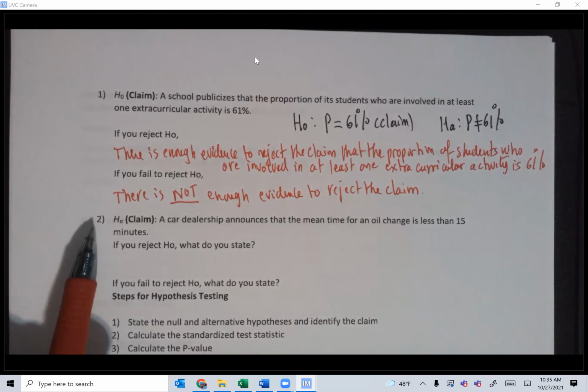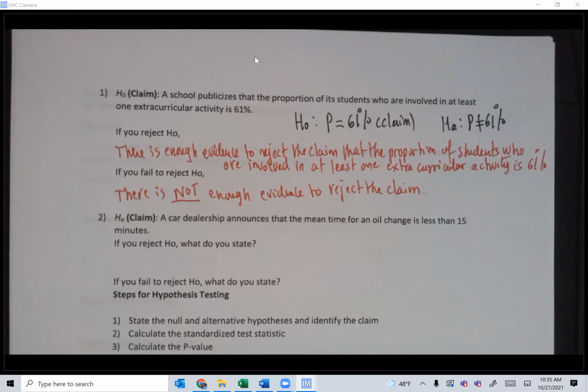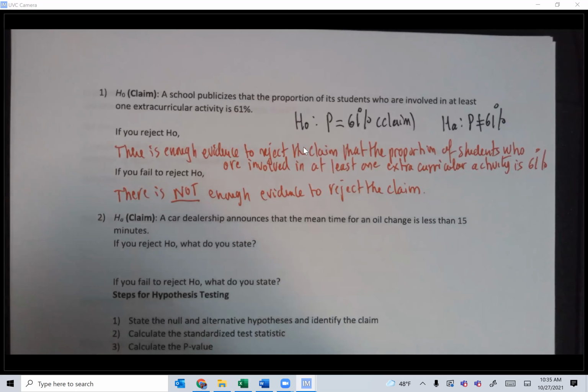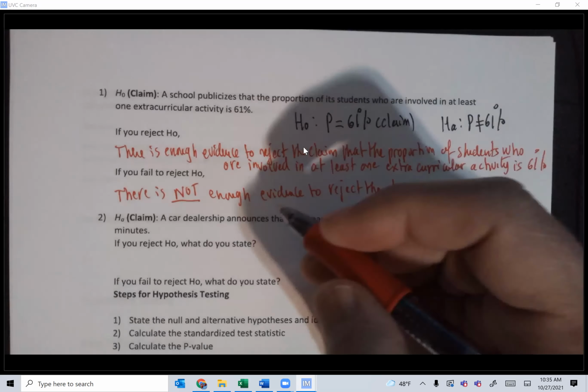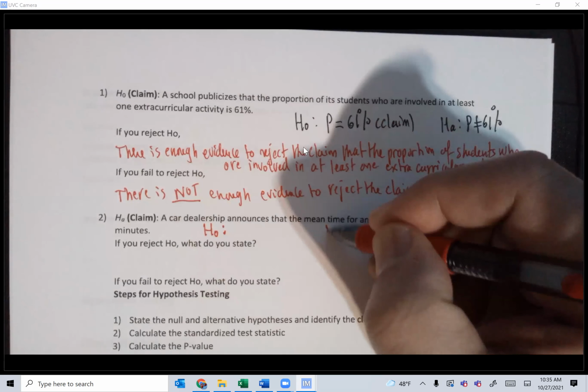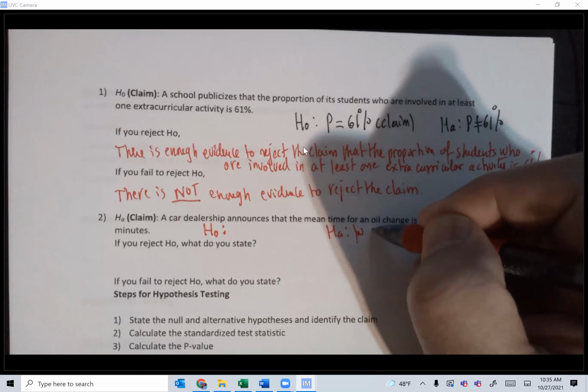And let's look at number 2. A car dealership claims that the mean time for an oil change is less than 15 minutes. So let's write the null and the alternative. Mean is less than 15 minutes.